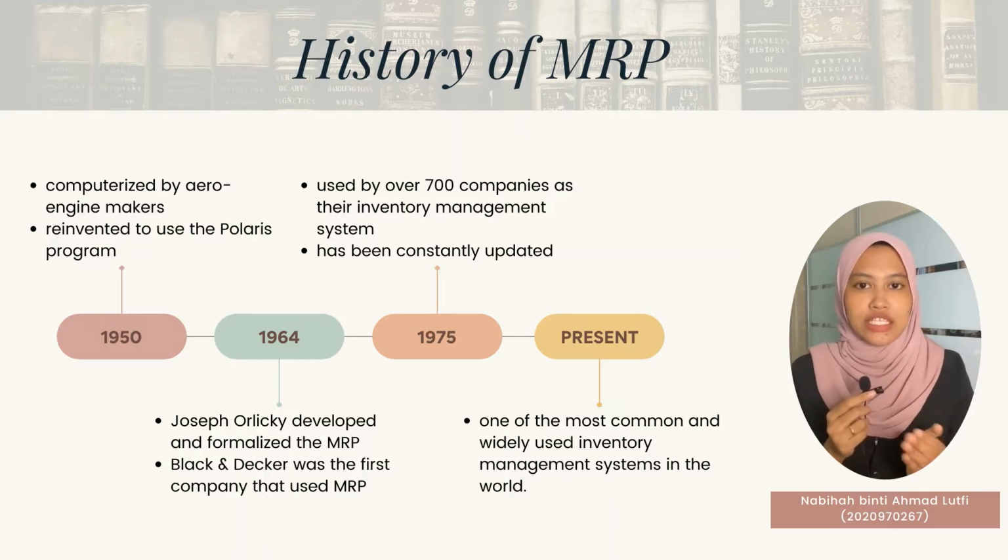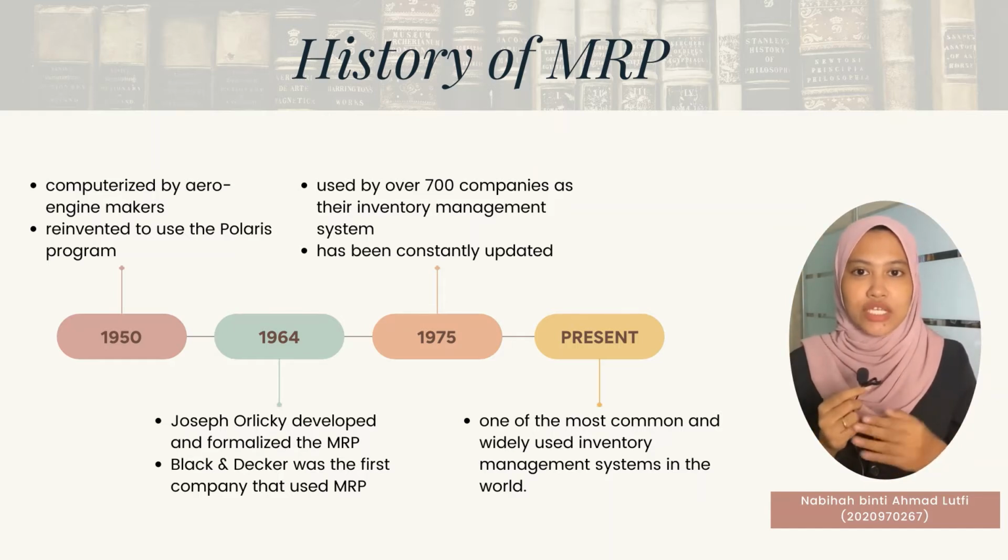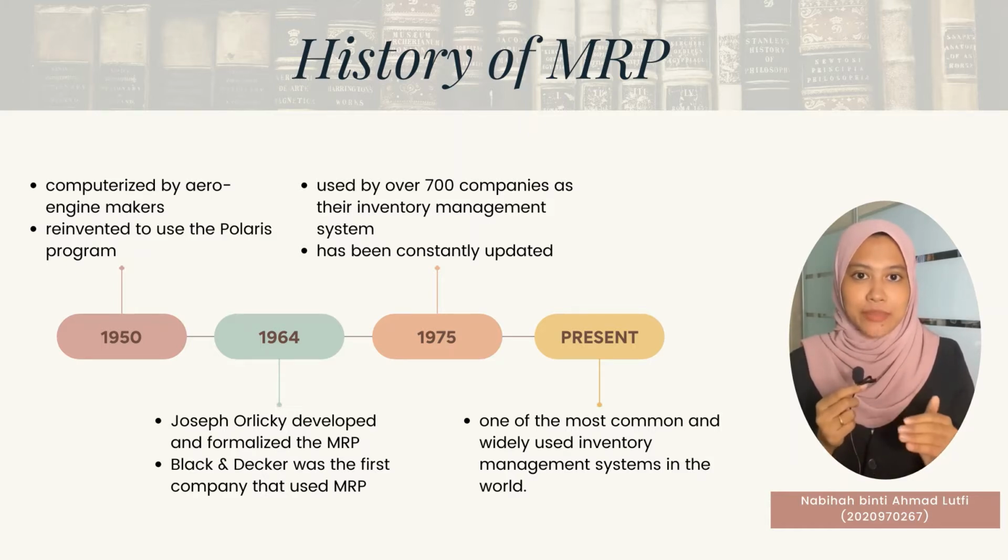In the early 1950s, MRP was first computerized by aero engine makers associated with General Electric and Rolls-Royce. MRP was reinvented to use the Polaris program before it was commercialized. In 1964, in response to the Toyota manufacturing program, IBM's engineer Joseph Orlicki developed and formalized the MRP system.